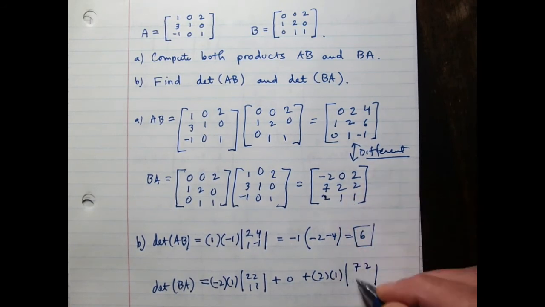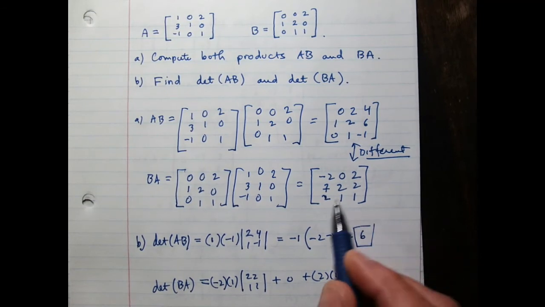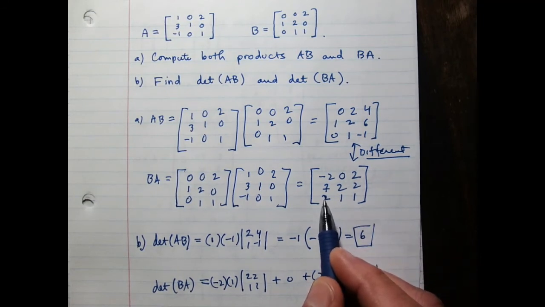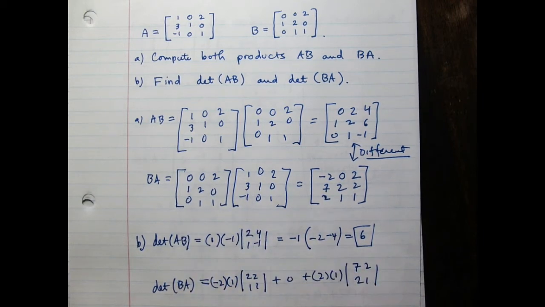I think that was a 2, right? 2, 1. Let me just make sure. So third row, first column. Yeah, that was a 2. So I have 2 minus 2 is 0 here. This is going to be 0 plus 0 plus 2 times 7 minus 4 is 6.